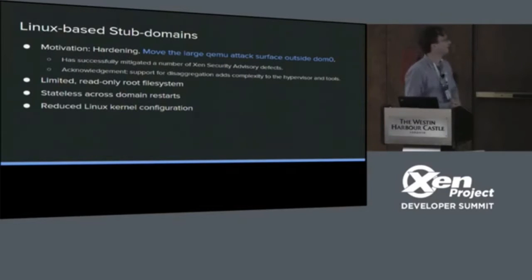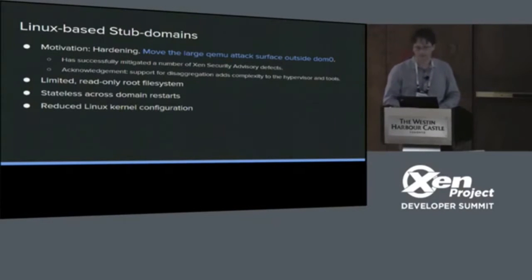This technique of putting it into its own domain protects Dom0 from those compromises. It has allowed us to avoid a couple of Xen security advisories. I did want to acknowledge that the support for this does add extra complexity to the hypervisor and the tool chain, but our community's view is that it is worthwhile.